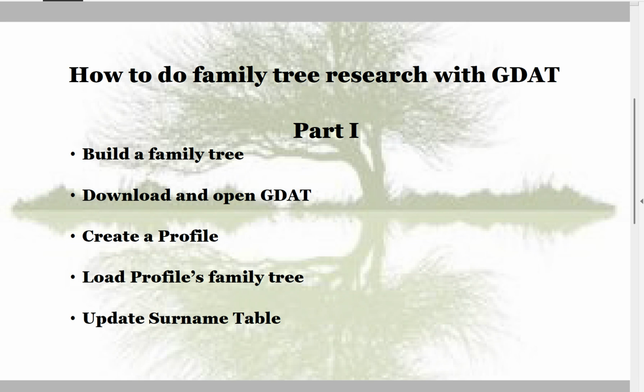First, it is important to create a family tree as far back as possible. Then open GDAT, set up a profile, create or import the profile's family tree, and review the surname table to identify differences in surname spelling. This ends part 1. In part 2, we will cover how to import your DNA results.